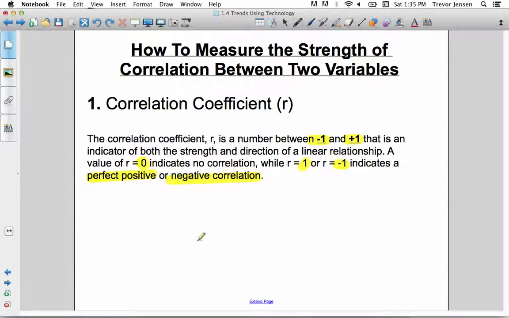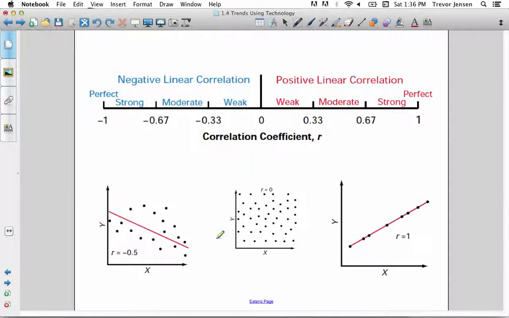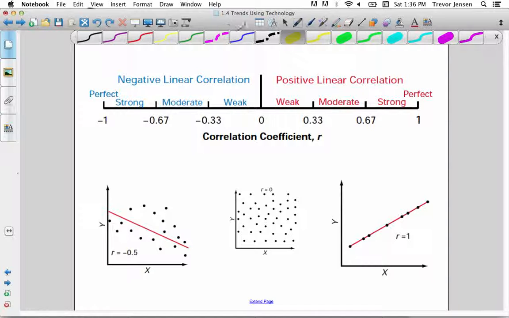Now I'm going to show you the scale of how we would describe the relationship for all the values between -1 and +1. So let's just look at the right segment of this scale for now. We're going to look at the positive linear correlation side. So all values between 0 and 1 indicate that there is a positive linear correlation. And then depending on what the actual value is between 0 and 1, that'll tell us the strength of the positive linear correlation.